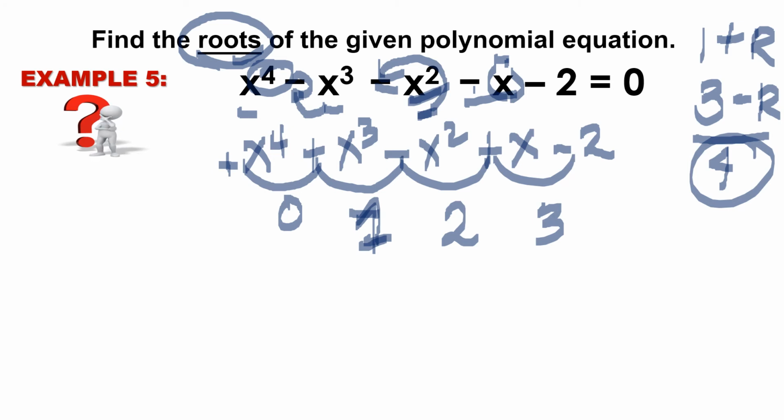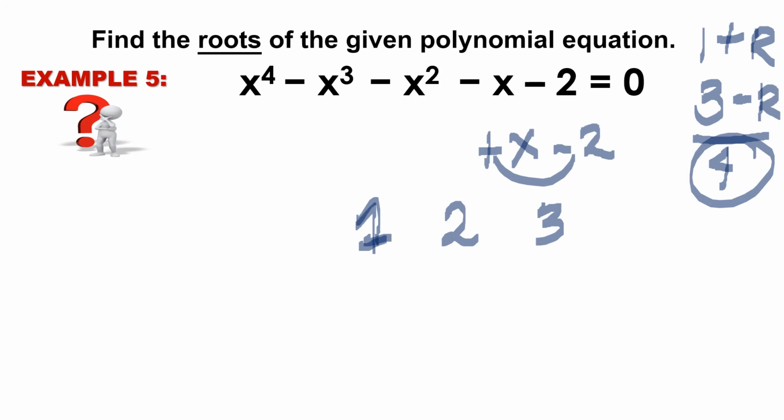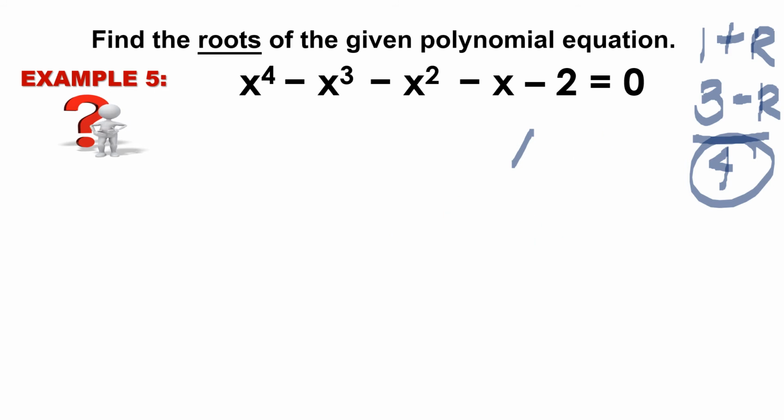Let me erase so that we can have more space for us to solve and to look for the roots. Looking at the constant term, which is negative 2, and the leading coefficient, which is 1. Then we can write the possible roots as positive, negative 1, positive, negative 2 only.